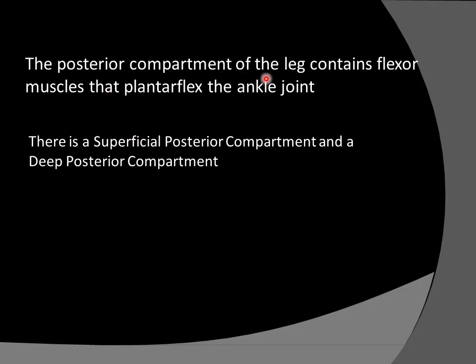The posterior compartment of the leg contains flexor muscles which are helpful for plantar flexion of the ankle joint. There is a superficial posterior compartment and a deep posterior compartment in the flexor compartment of the leg.